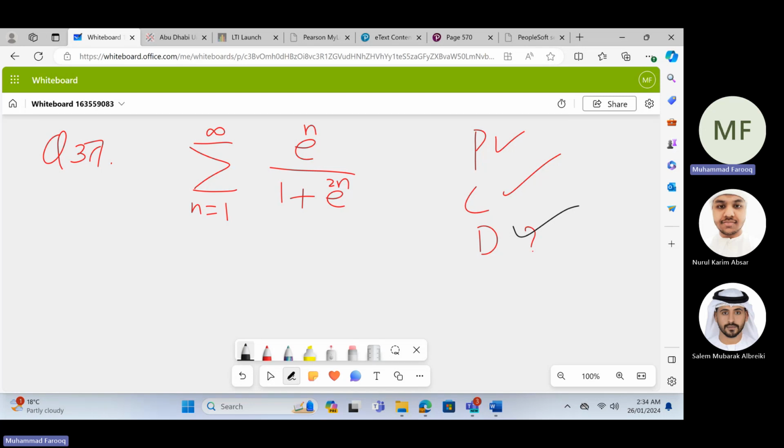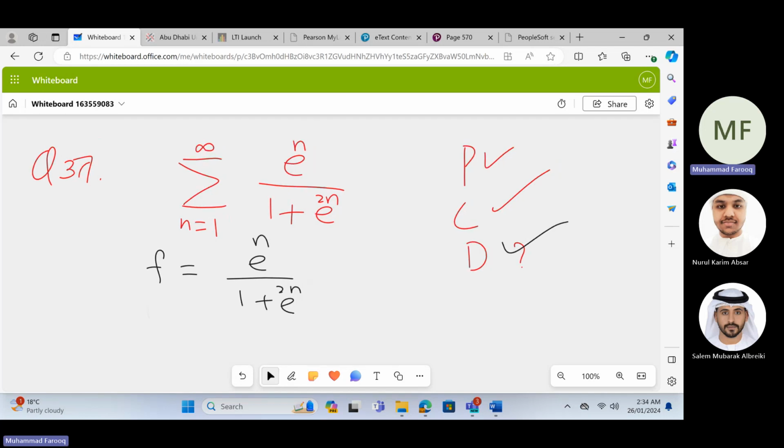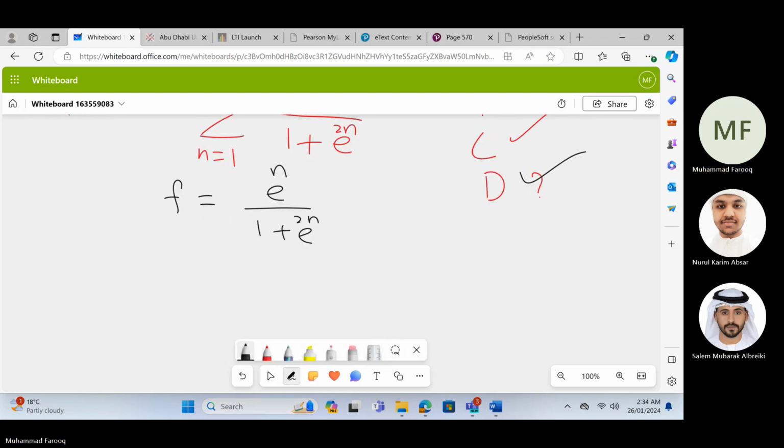Anyway, please start. My function is e^n divided by 1 plus e^(2n). We need f prime, please. Quotient rule, no other option. So e^n times (1 plus e^(2n)) minus e^n times e^(2n) times 2, am I right?